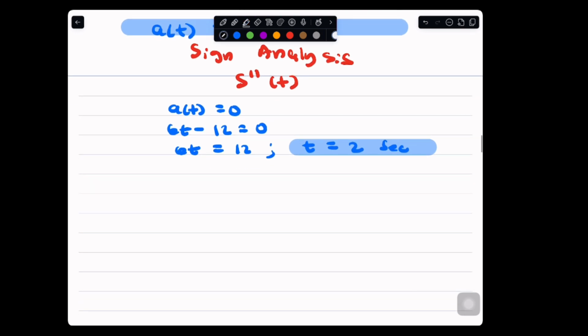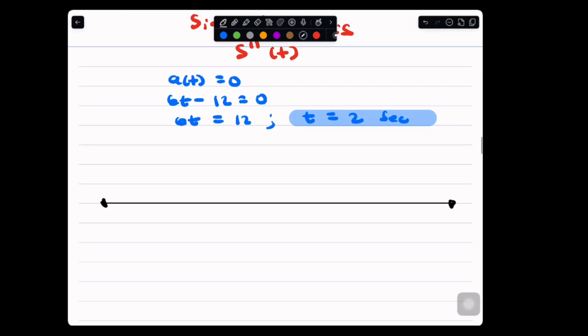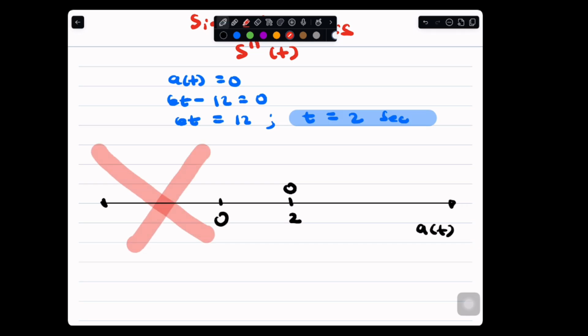All right, what does sign analysis tell us again? Well, let's get out that real number line. This is sign analysis now on the second derivative, which is your acceleration. 2 seconds is over here. Remember, we have to throw out the negative t values because your time is always greater than or equal to 0.